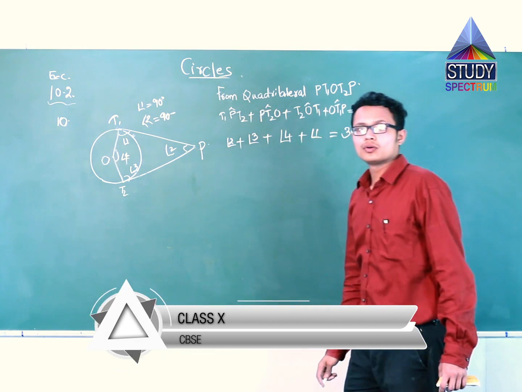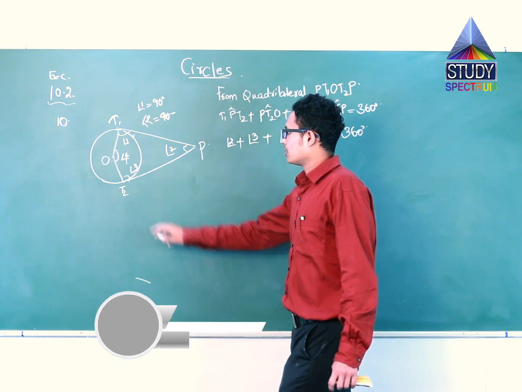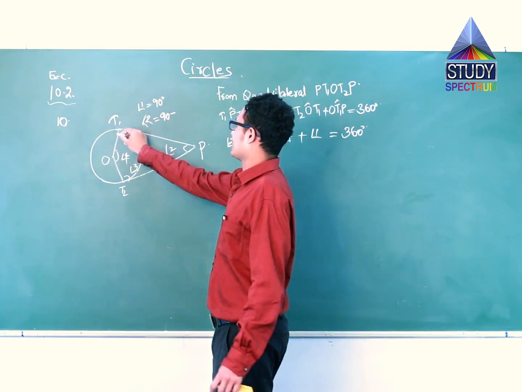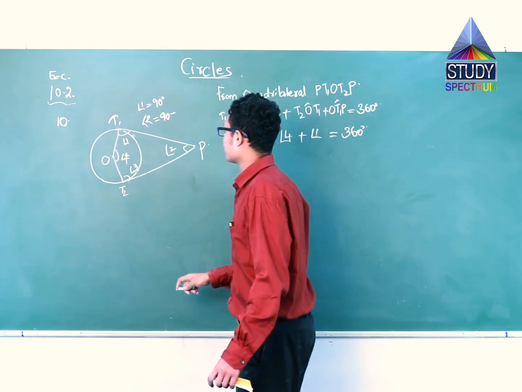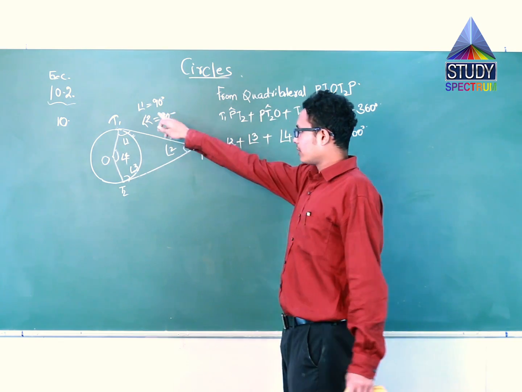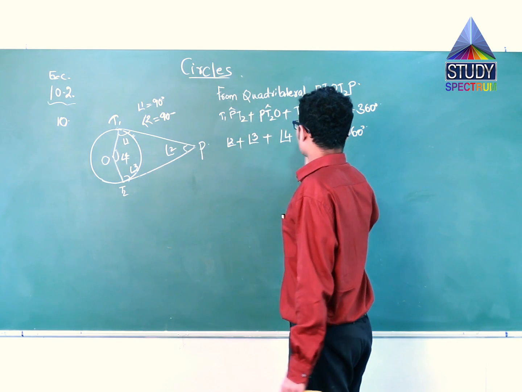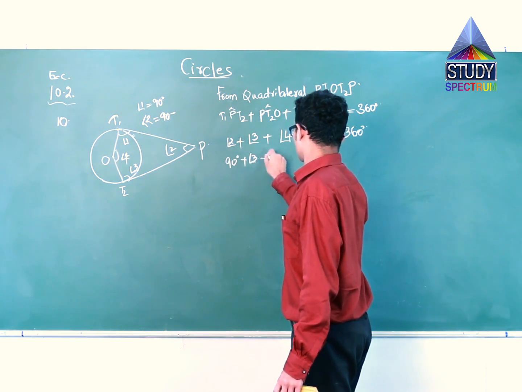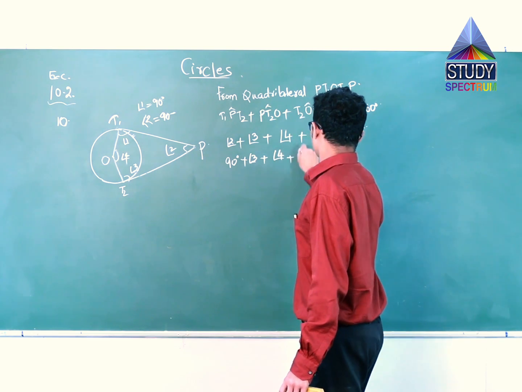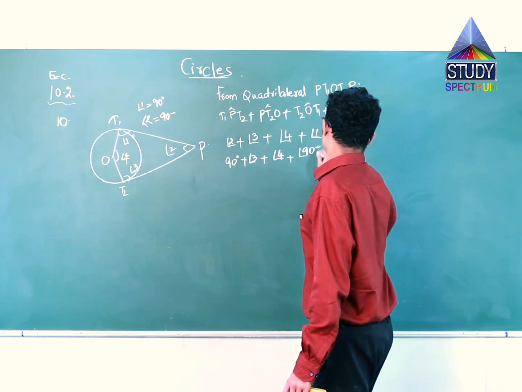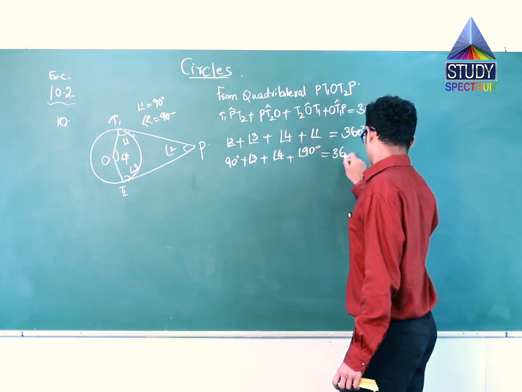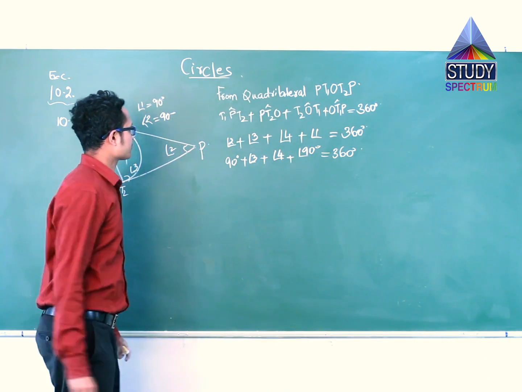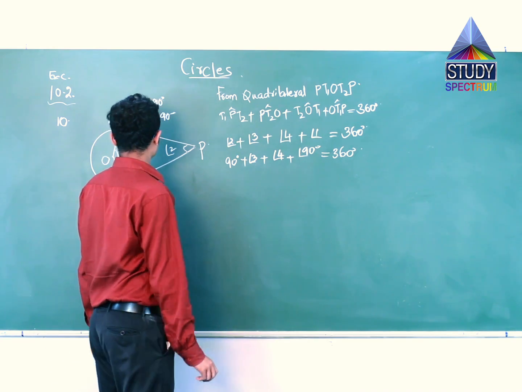Why so? That is from the theorem, the line from the center to the tangent is at right angles to the tangent. From theorem 10.2, angle 1 and angle 2 are 90 degrees. So by substituting the values here, 90 degrees, angle 3 plus angle 4.